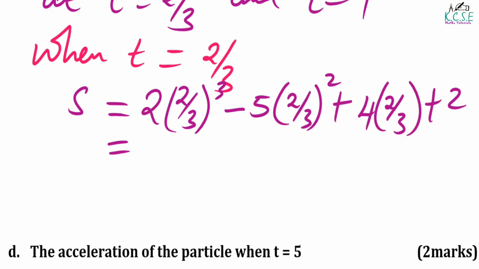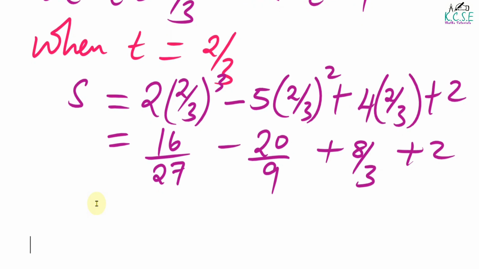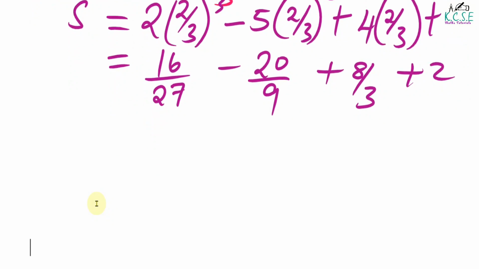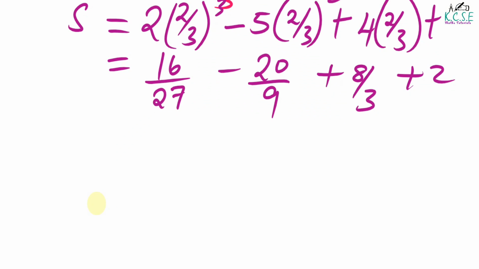This will give 16 over 27, and then this one will give 20/9. And this one will give 8/3, then plus 2. We need more space here, so that is what you get.